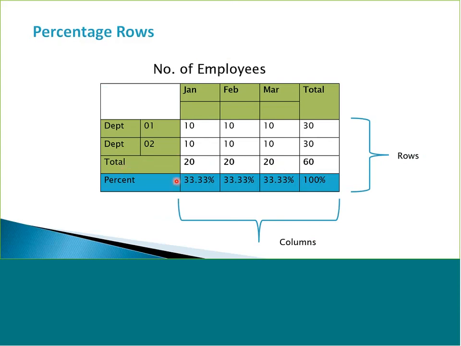So the mathematics again is 20 divided by 60 displayed here, 20 divided by 60 displayed here, 20 divided by 60 displayed here, and 60 divided by 60 displayed here, right? So we need to tell Oracle that what is being displayed here is percentages derived from figures in this row.